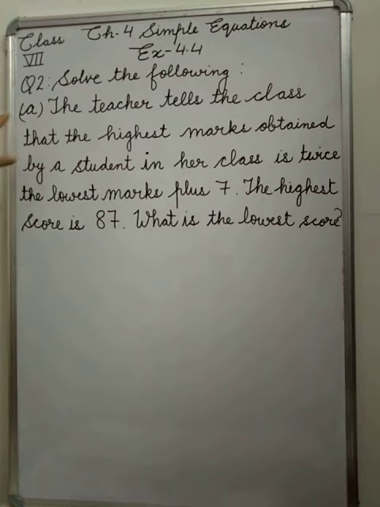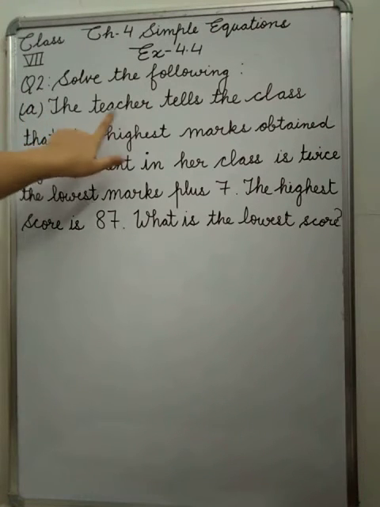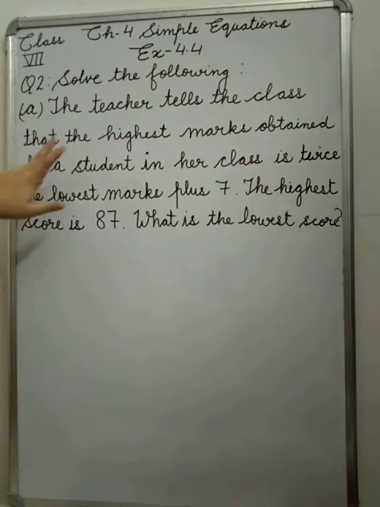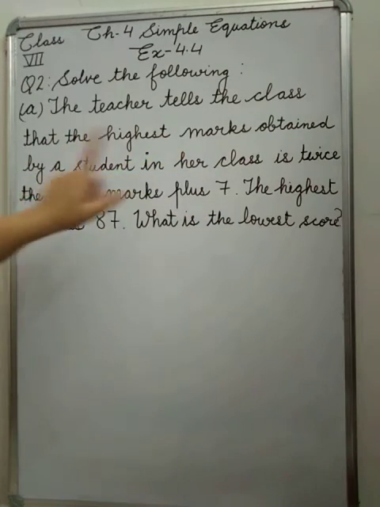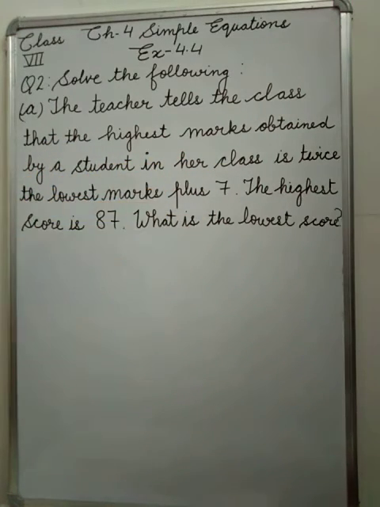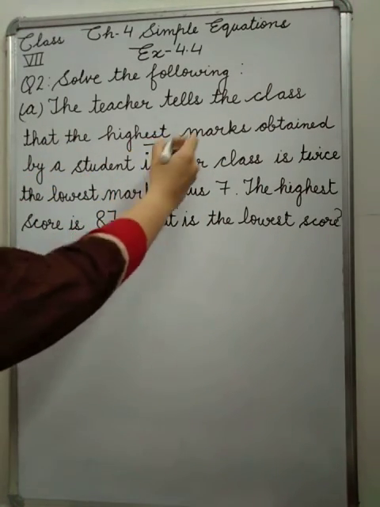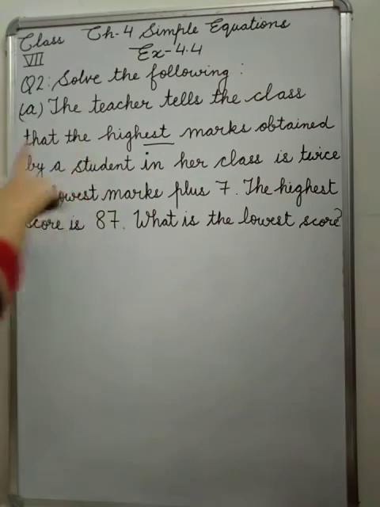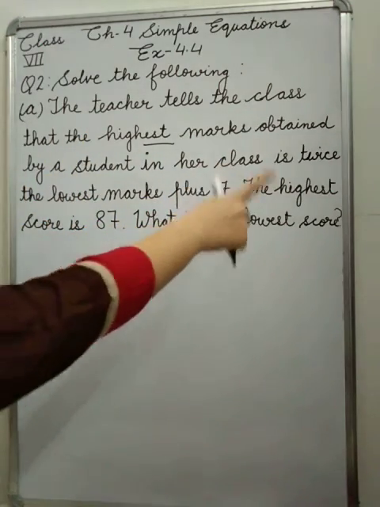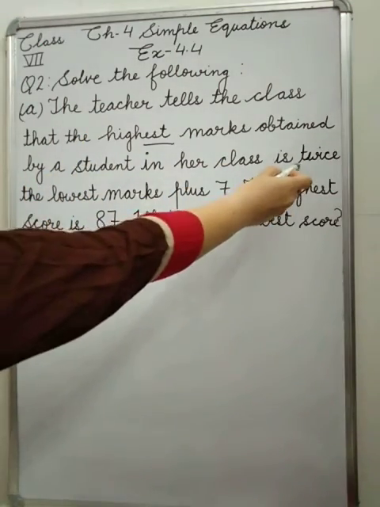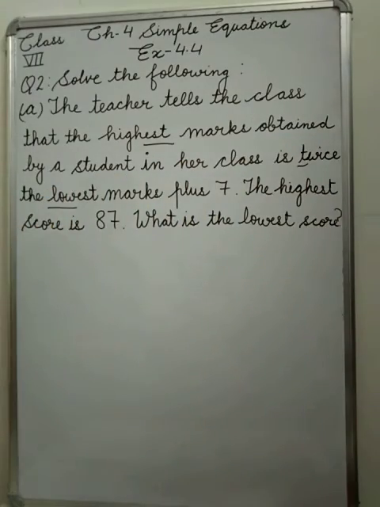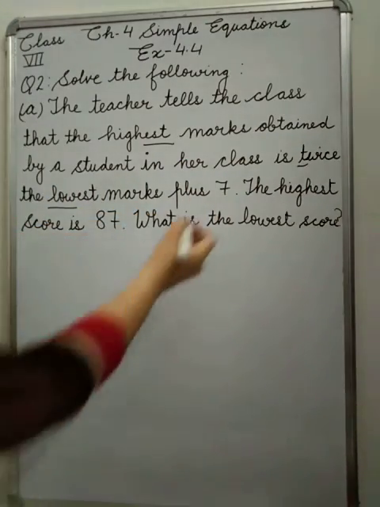Okay, now see the first part. They are saying the teacher tells the class that the highest marks obtained by a student in her class is twice the lowest marks plus 7.